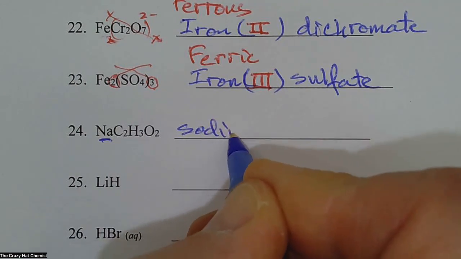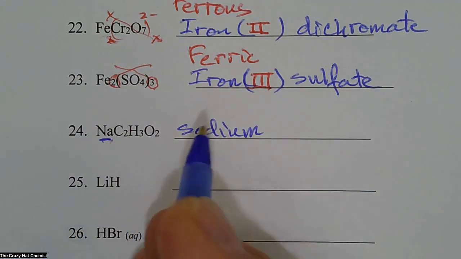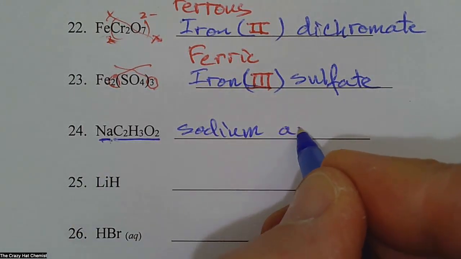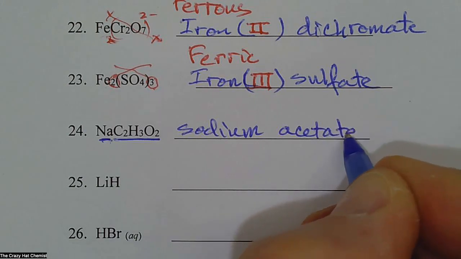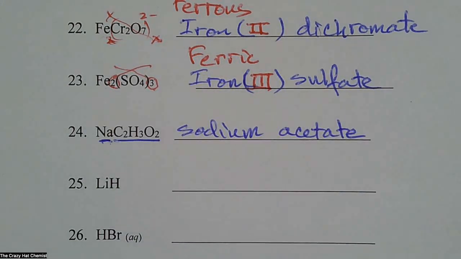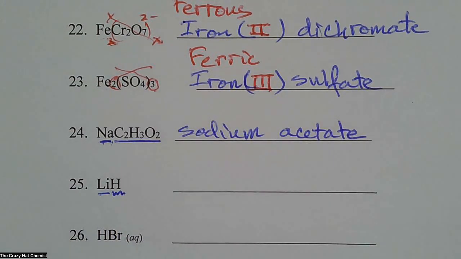This is sodium. Sodium, because it's in group 1, will never have a Roman numeral. Okay, and then this is acetate. That is just a polyatomic ion that you just have to flat out memorize. This is lithium and then hydrogen. Now, this is a very unusual case where we have hydrogen as an anion. There are two cases in which hydrogen can be an anion, and that is an H1 minus.